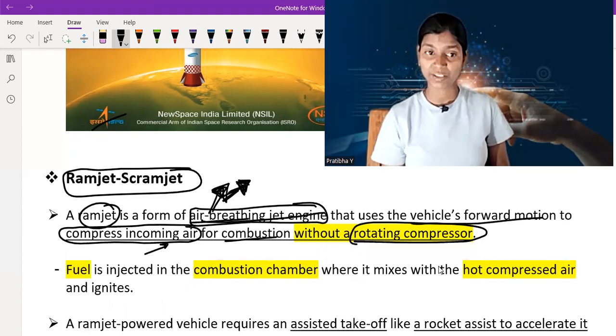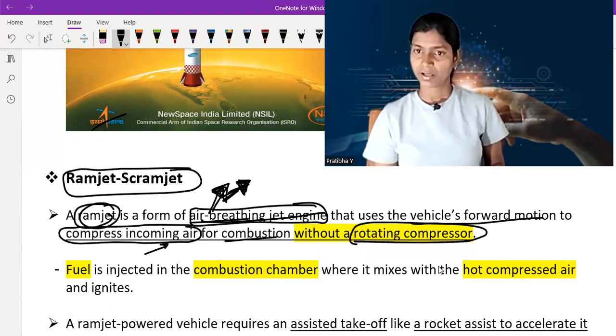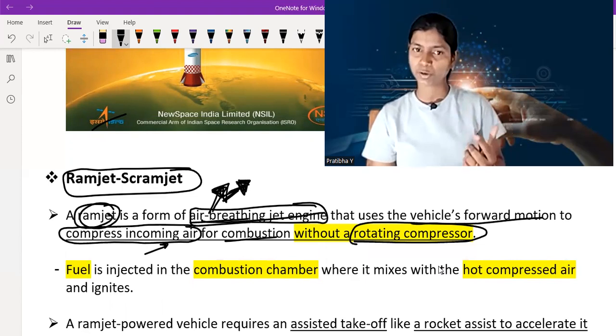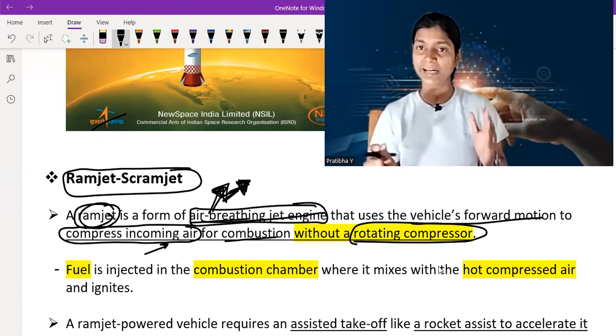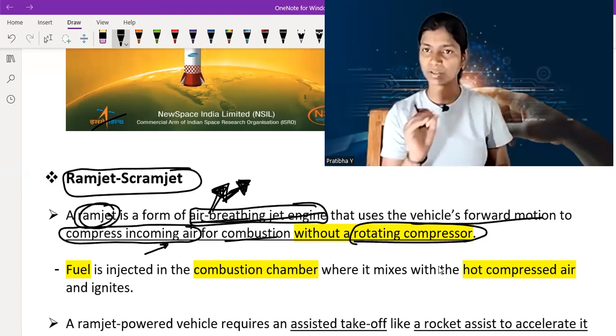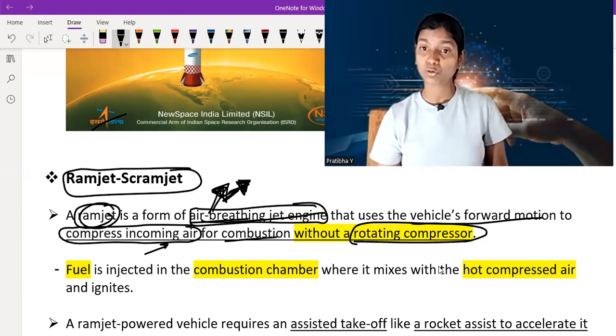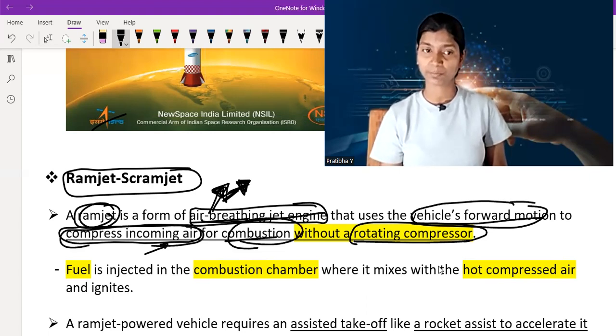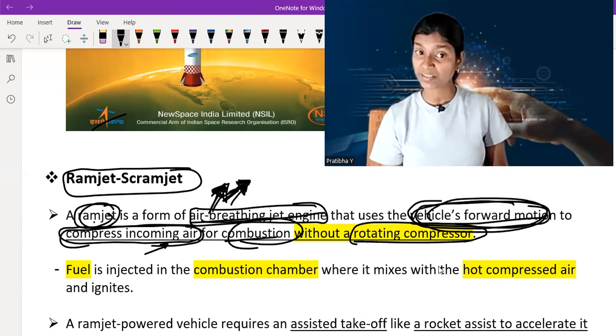In a ramjet, without a rotating compressor, to convert air for combustion we would otherwise have to rotate a compressor so that it compresses the air, and then we use that air for combustion. But a ramjet uses the vehicle's forward motion to compress the incoming air.